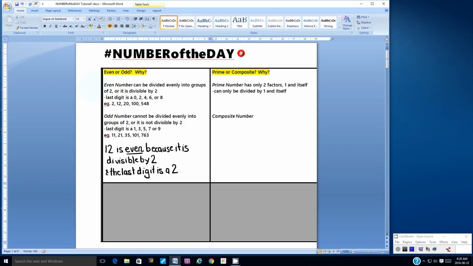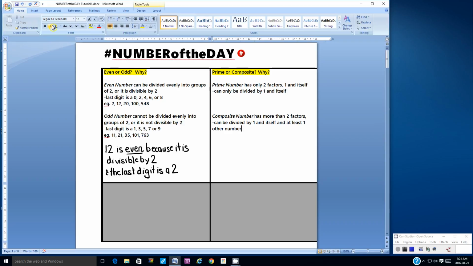So how is that different from a composite number? A composite number must be opposite. A composite number has more than two factors. It can be divided by 1 and itself and at least one other number.